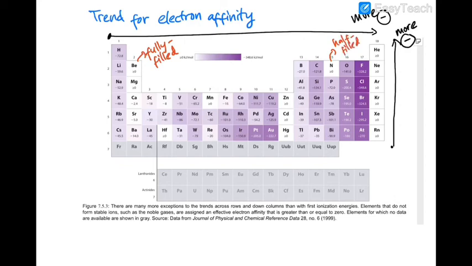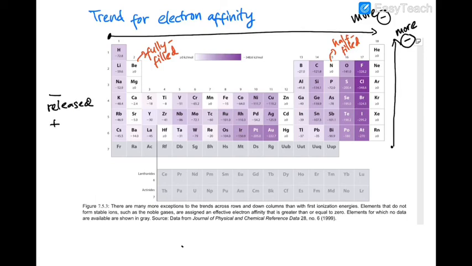And due to this fully filled or half-filled configuration, they are more stable than the rest of the elements right here, and therefore it will require more energy for it to be able to gain an electron. Don't forget, electron affinity has to do with the energy involved during the acceptance of one more electron. In this case, when something is more stable, it will require more energy, while the rest is releasing energy. If it's negative, it means that the energy is being released.